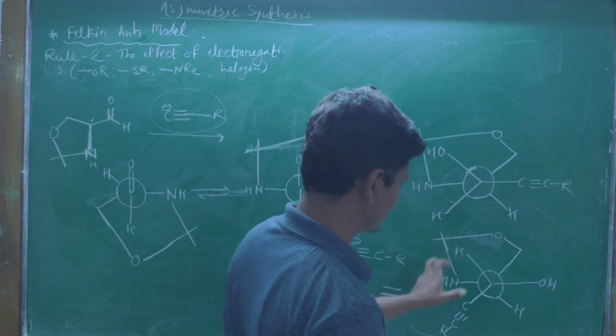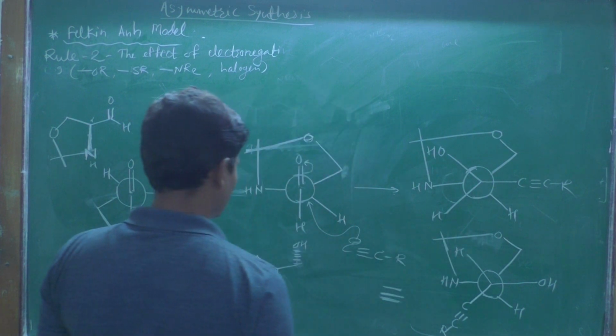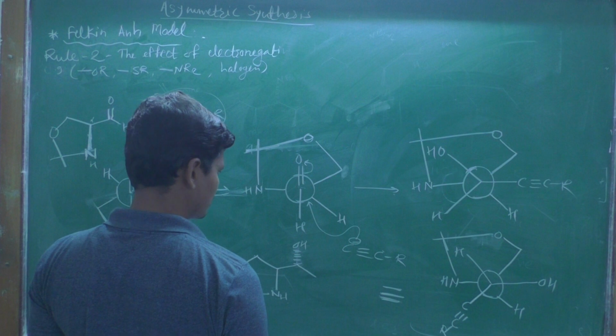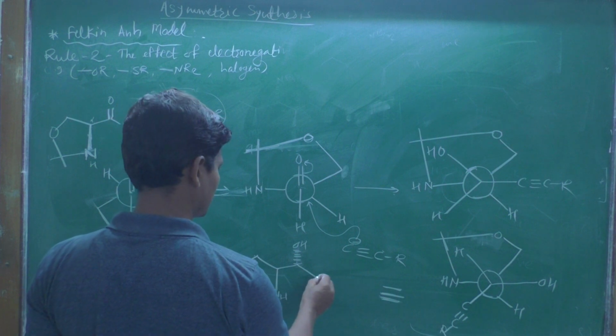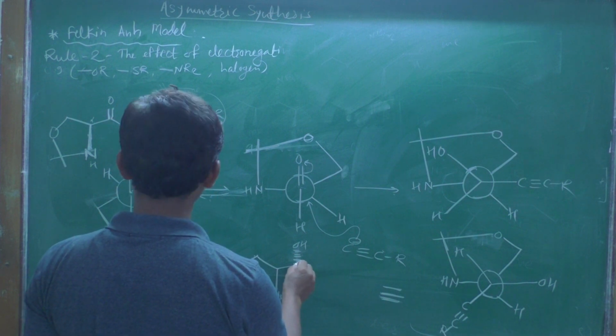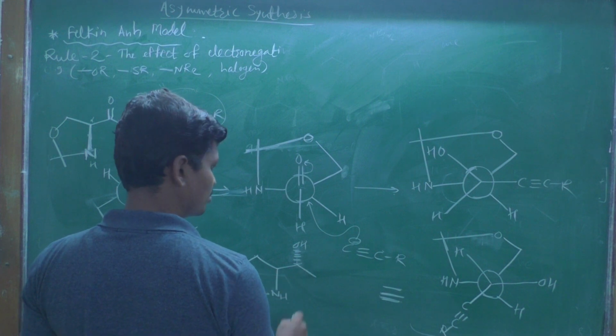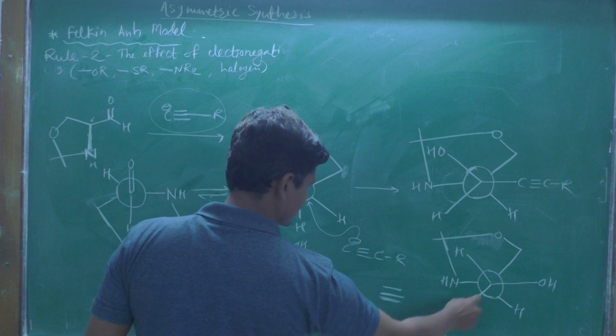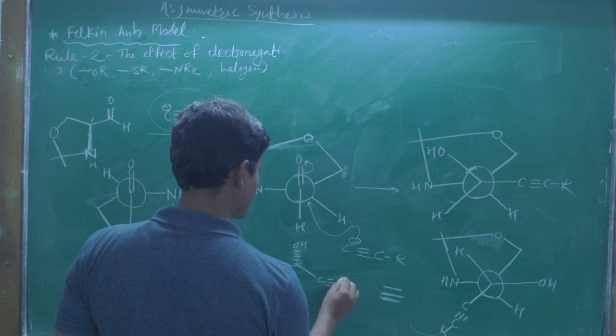Rotating this like this, we can see accordingly hydroxy, and here hydrogen, this hydrogen is at the beta position, that is above the plane, and the side chain is C triple bond CR.